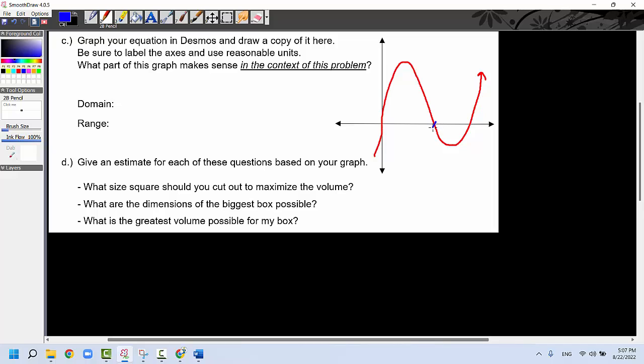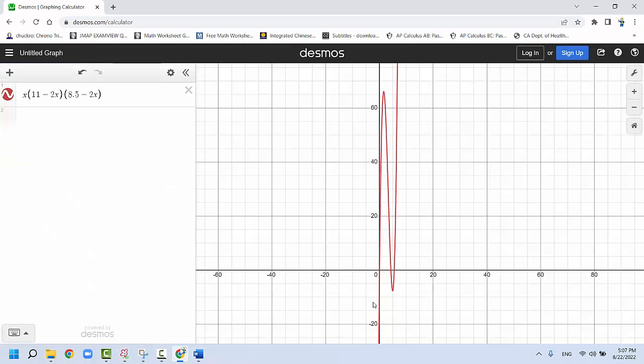Well, this point right here is happening at x equals 4.25. The way I figured that out is I went to Desmos and clicked on it. Right there, 4.25, 0.